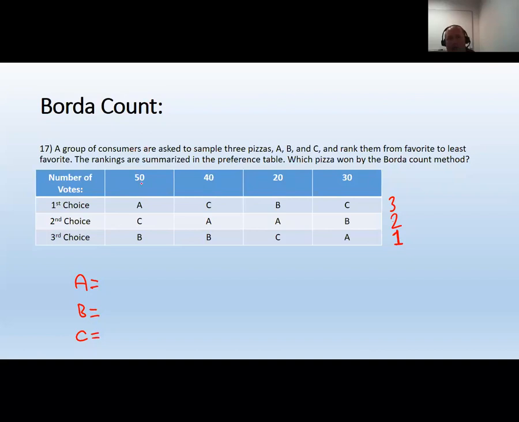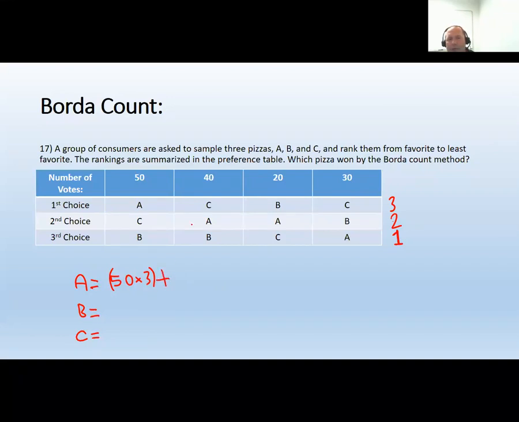Well, let's start out with these 50 voters. A got first place among these 50 voters, which means for all 50 of those votes, A gets 3 points. That's one multiplication. We need parentheses around it because we're going to end up summing all this up.